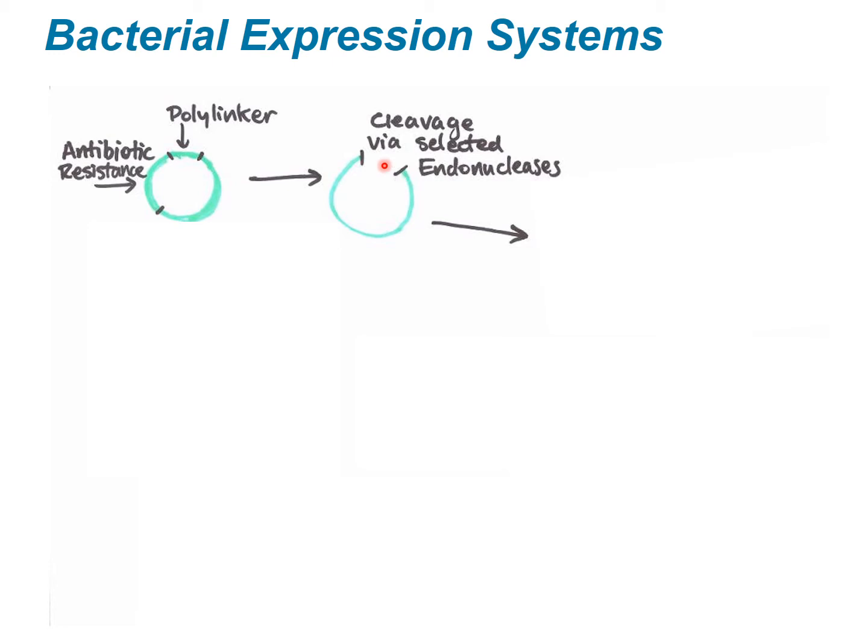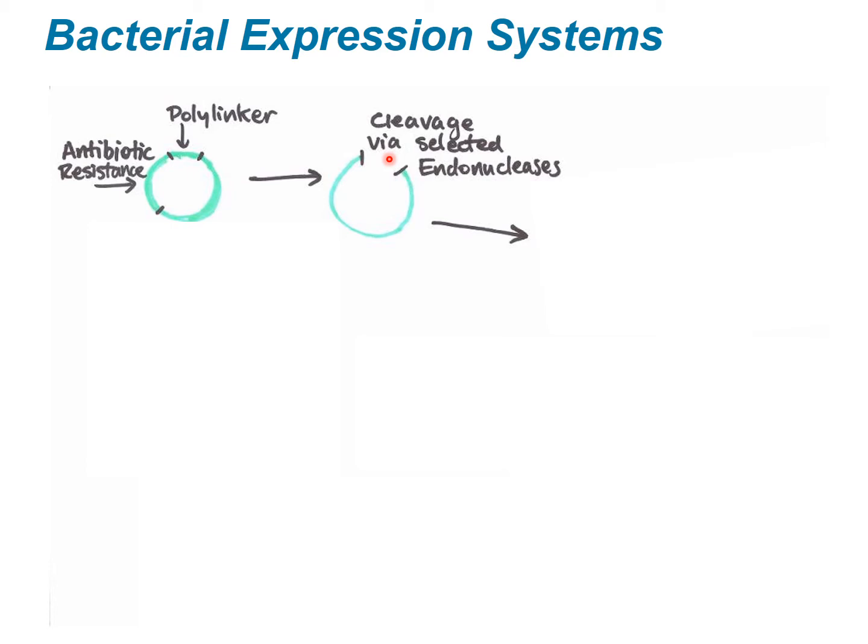You cut the vector with restriction endonucleases, or restriction enzymes, and there are going to be specific ones with which you cut your gene of interest as well.